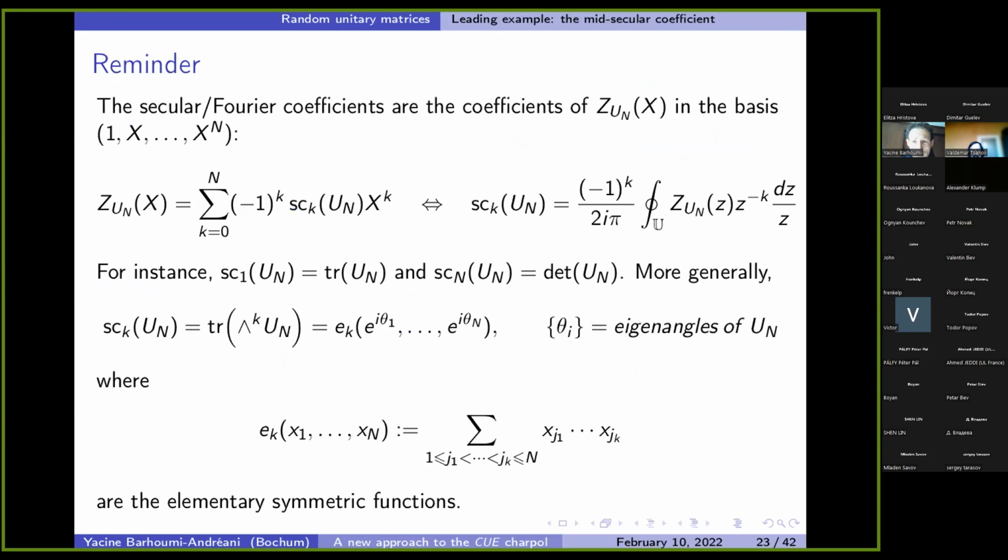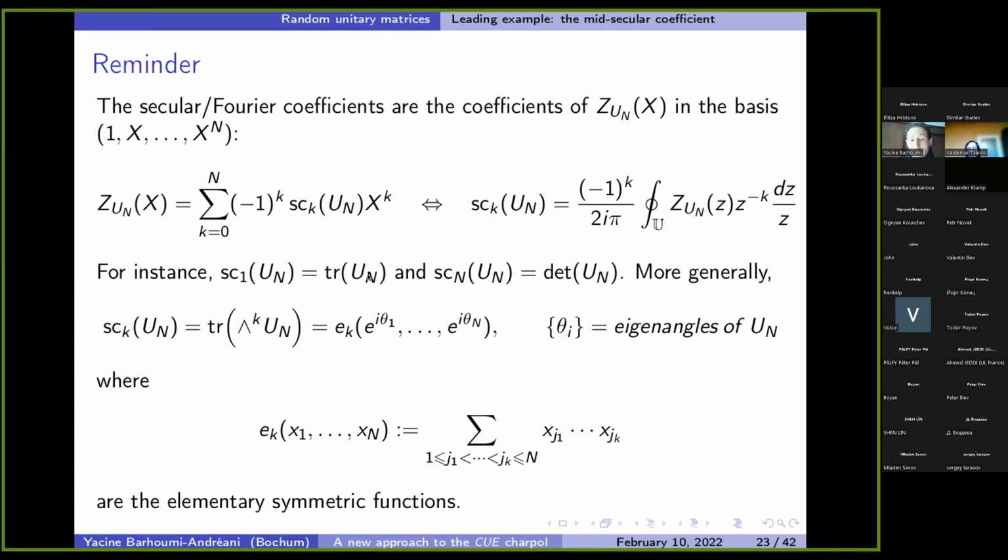So the mid-secular coefficient. The secular coefficients, I told you, are the coefficients of the characteristic polynomial in the canonical basis 1, x, x squared, etc. Okay, there is a factor (-1)^k, but you don't care.